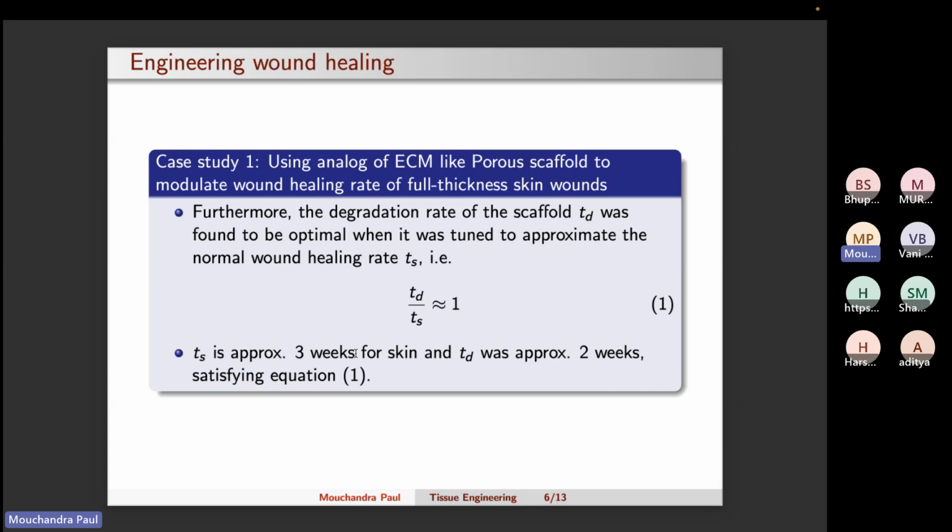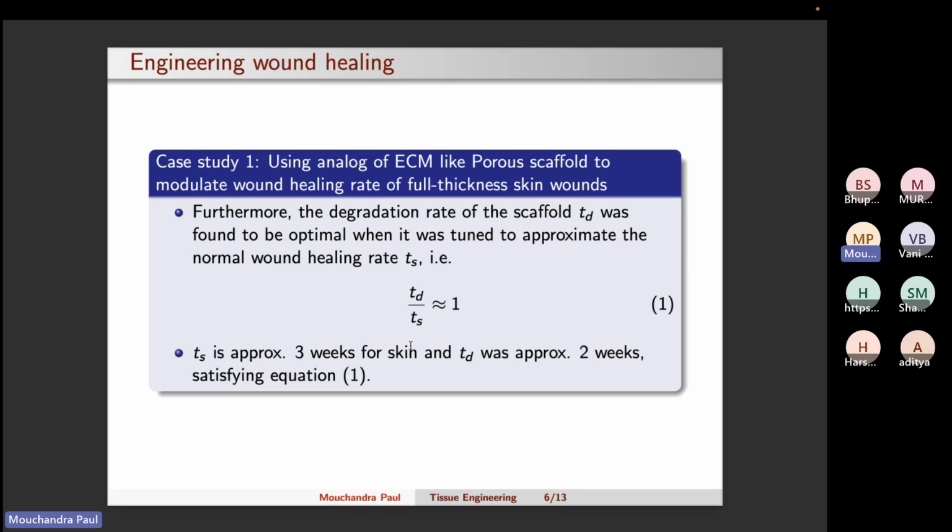The size of the wound is not given, but I'm assuming they are talking about full thickness wounds only. For bigger wounds, 3 weeks can be a bit more. Their scaffold, made with the optimal pore size, showed a degradation rate of 2 weeks. So 3 weeks, 2 weeks, the ratio is approximately equal to 1.